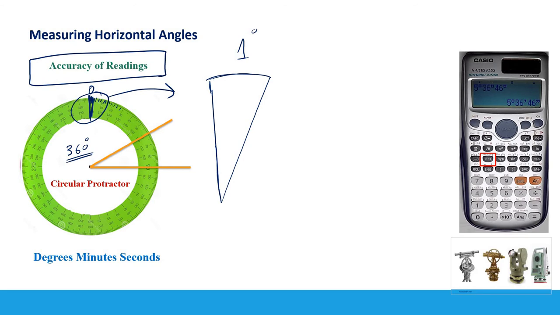Now let's divide this 1 degree into 60 minutes, 1, 2, 3, 4, 5, 6, etc. into 60 minutes. Okay, so each one of these is 1 minute. And again, let's take just the first minute, one slice from here to here. I'll take this slice here, and then I will repeat the same thing.